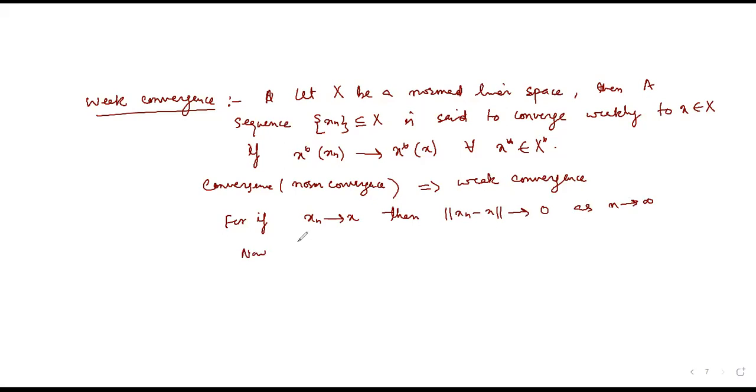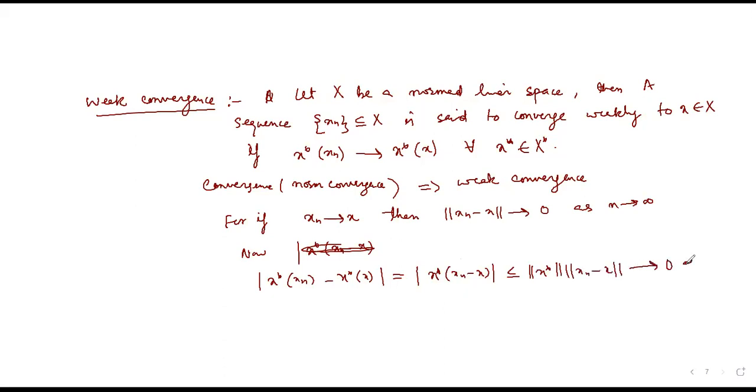Now X star at Xn minus x. Let me write it like this: x star at xn minus x star at x, using the pointwise addition inside big X star, can be written as x star of xn minus x. But this is a functional, so this should be less than or equal to norm of x star into norm of xn minus x, which goes to 0 as n approaches infinity. तो ये भी 0 हो जाएगा.